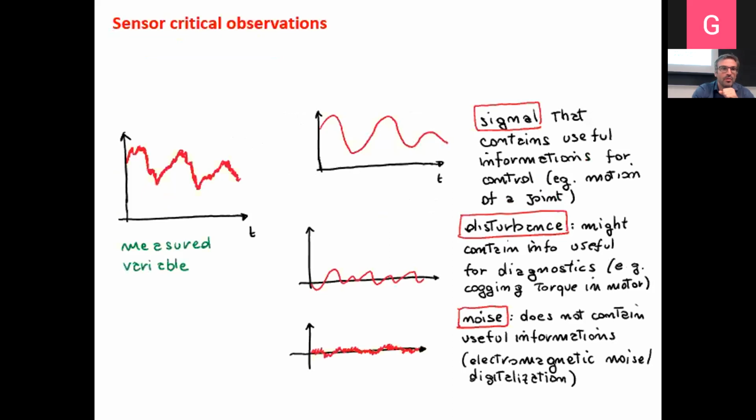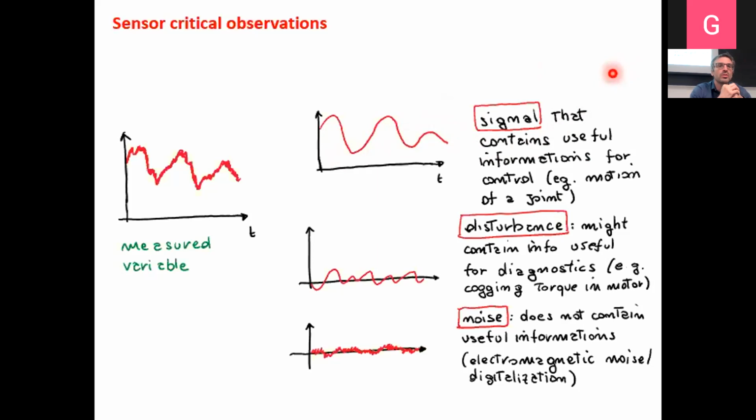So of the measured variable that you have, for example, on the left, you can see that there are some components. One is the signal you are interested in, that contains the information that is useful for the controller, for example, the position of the joint.